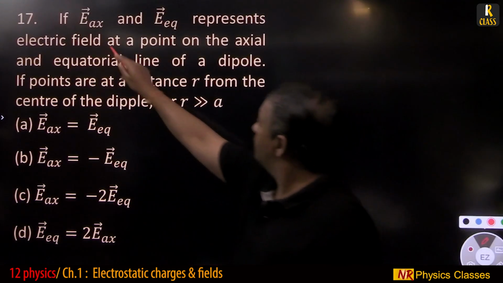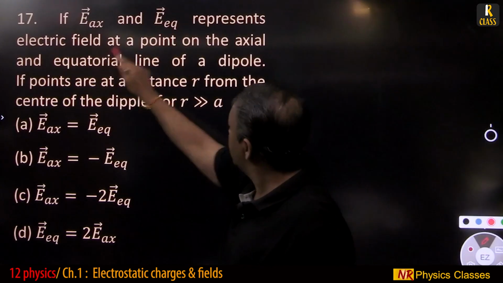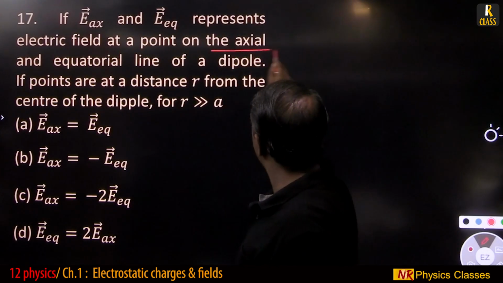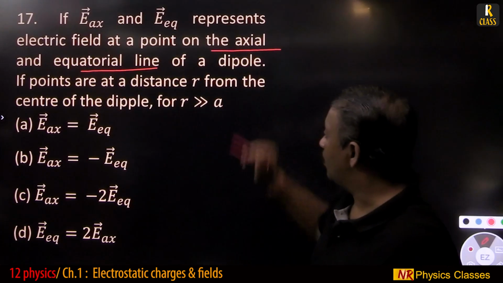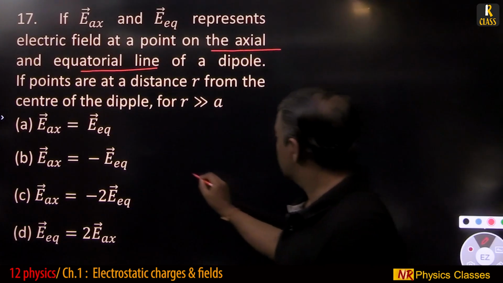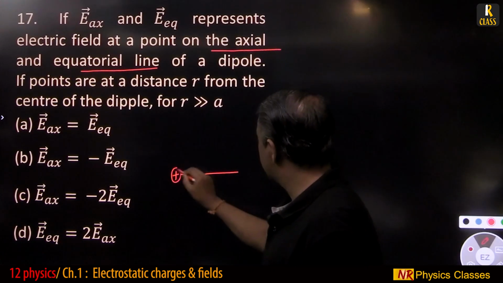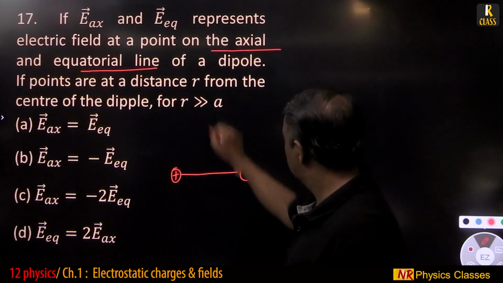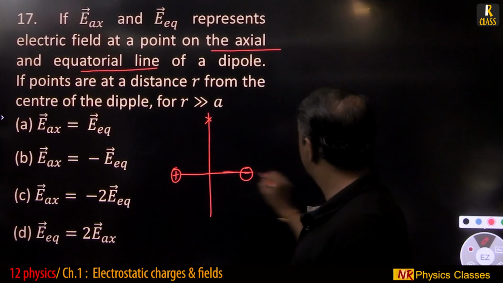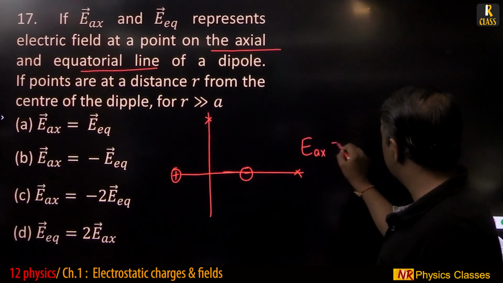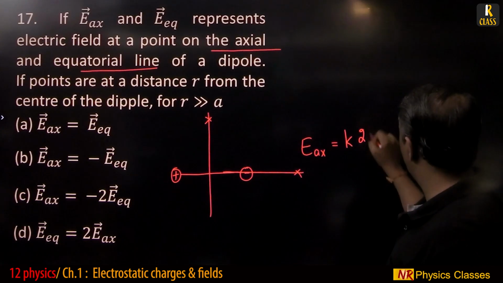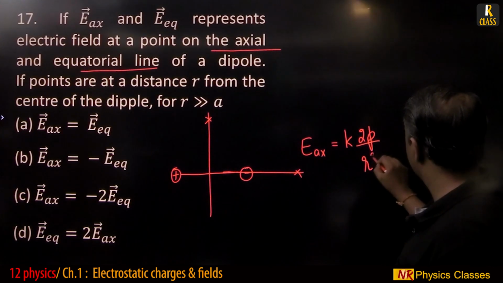If this and this represent the electric field at a point on the axial and equatorial of a dipole. So this is a dipole, plus and minus. This is the electric field at a point on the axis, which is constant times 2p by r cube.